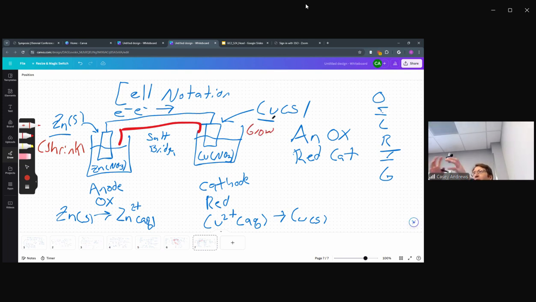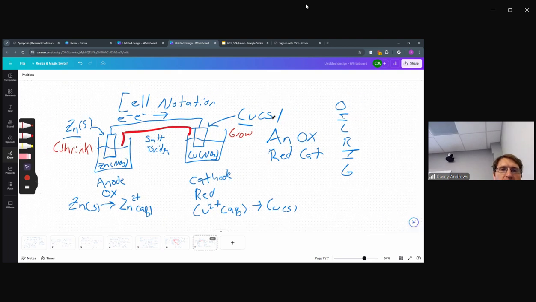You would see it getting bigger and bigger because the copper from the liquid would go onto the metal. That's what those reactions are saying down there. Zinc solid is becoming aqueous during this reaction, so it's breaking off to go into the liquid. Copper aqueous is going to solid. It's going from the liquid to the solid.